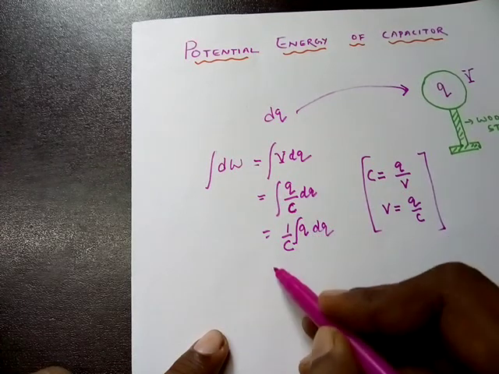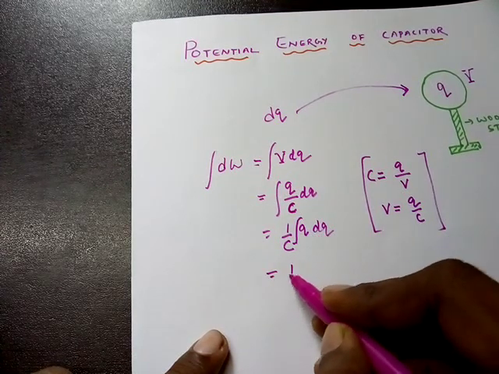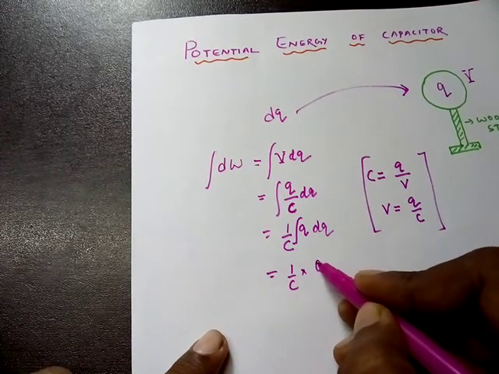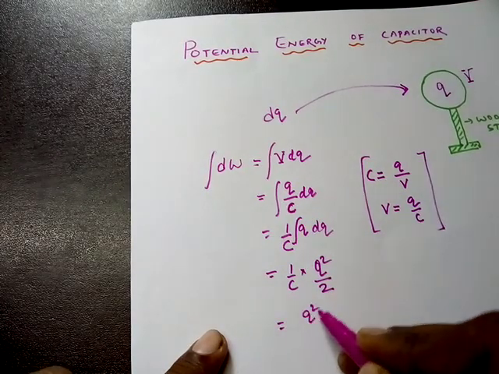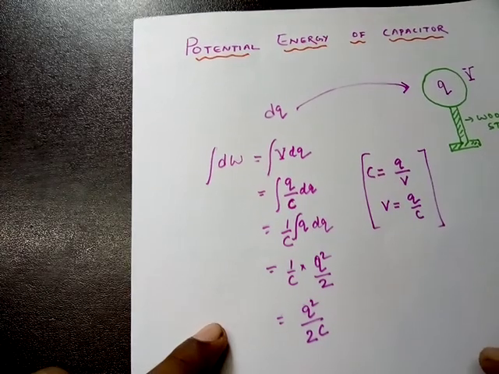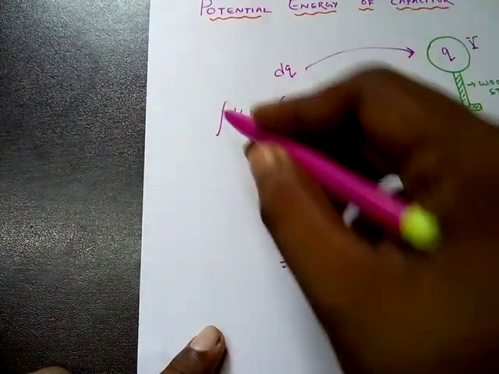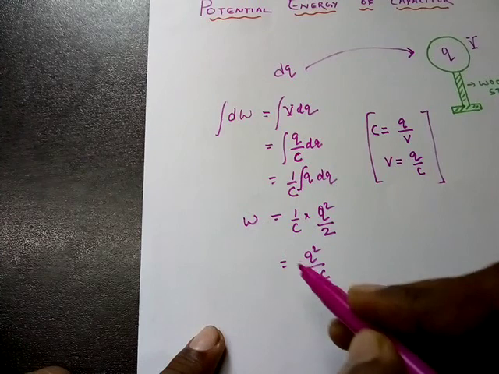If I integrate it, I get q square divided by 2. So overall the expression will be q square divided by 2C, and this is the total work done W.